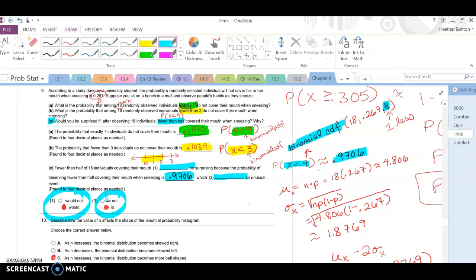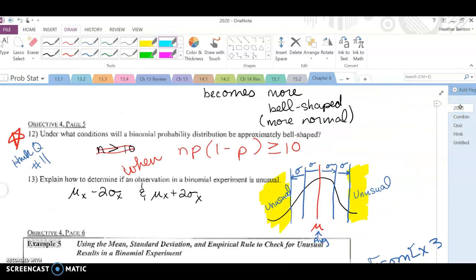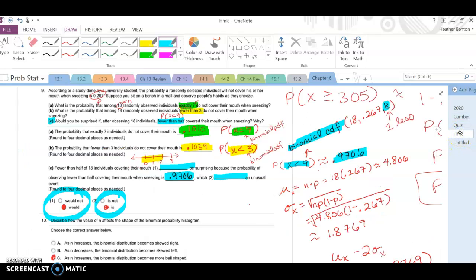So remember with me back in our notes when we were talking about an unusual event, we said unusual events are 2 standard deviations away from the mean. So anything out here to the left and out here to the right, 2 standard deviation distances away. So we have to find our mean and our standard deviation.